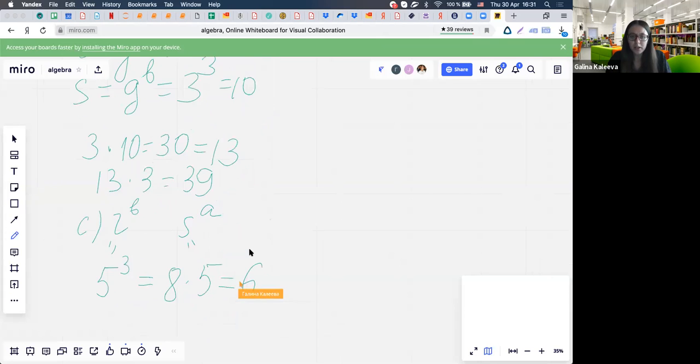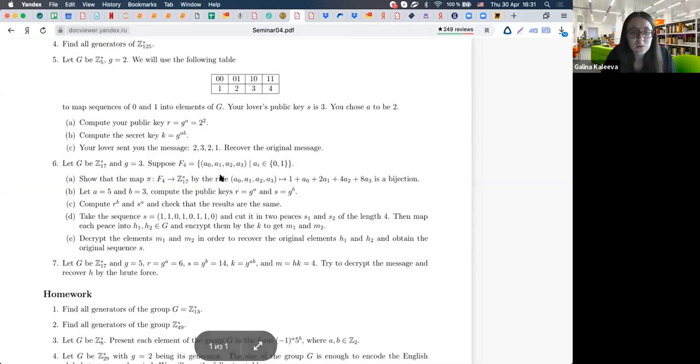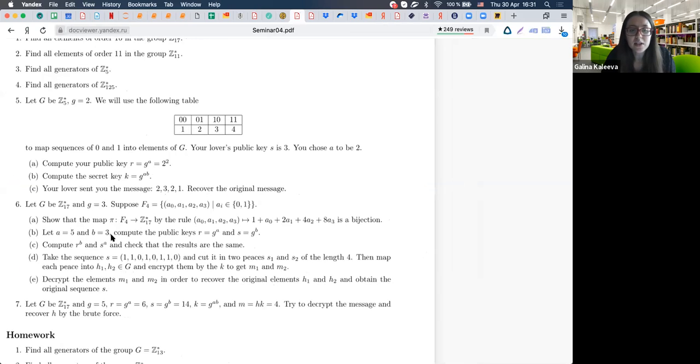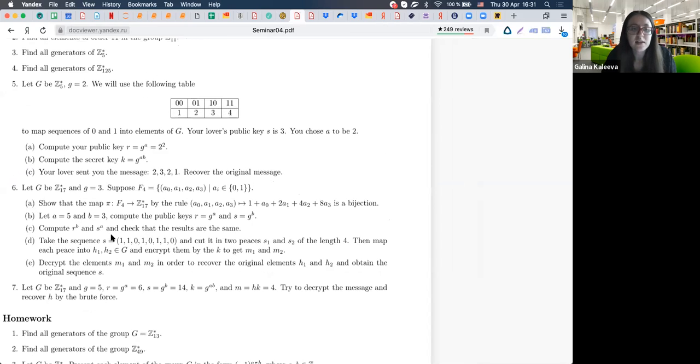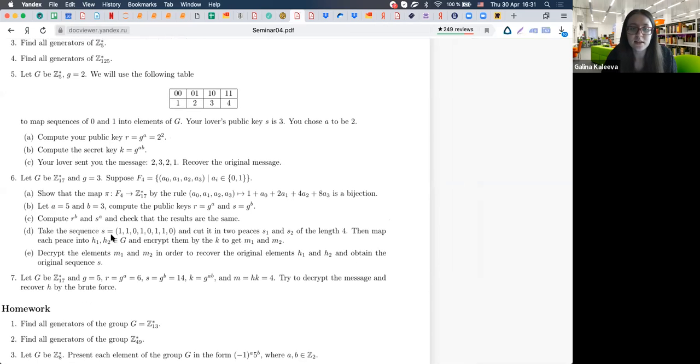I hope you'll train this working on your homework. So let's look at what's next. Now we need to take some sequence, cut it into some pieces and decode it.